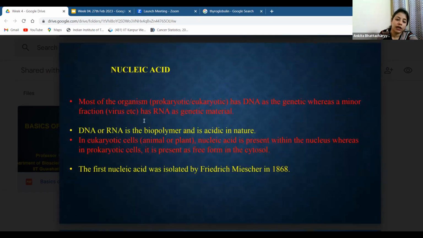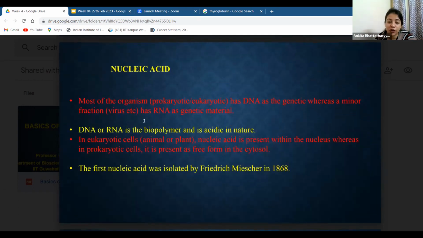So first, we are looking into nucleic acids in lecture 1. We have already studied that most organisms contain DNA as the genetic material, but only a few, for example viruses, and even within the entire population of viruses only a small proportion of them, contain RNA as the genetic material.